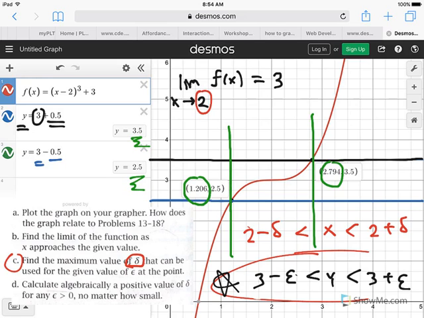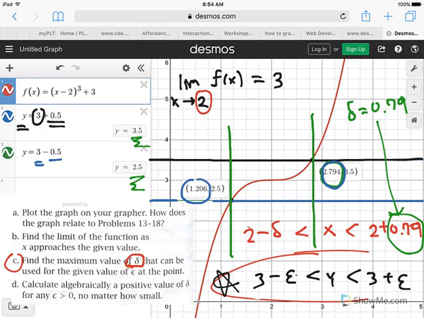So what does delta need to be? You can round up a little bit here, so you can make this 1.21, and you can round down a little bit here, make this 2.79. So how do you get 2.79? You have to add 0.79 to 2. So that's going to be your delta value: 0.79.